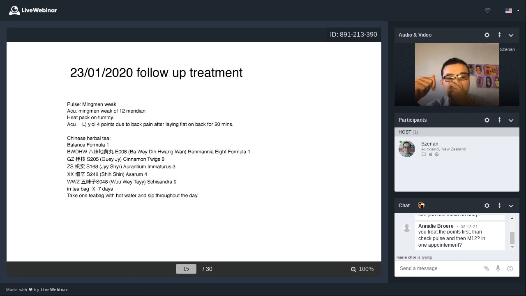Okay, that's about it. So I can use the pulse to check whether my protocol is right or not. I don't wait until the next treatment when the patient comes back and tells me the last treatment was great, or it didn't work that well. I know when I put the needle in that this needle is going to work, because I have a way to check it.